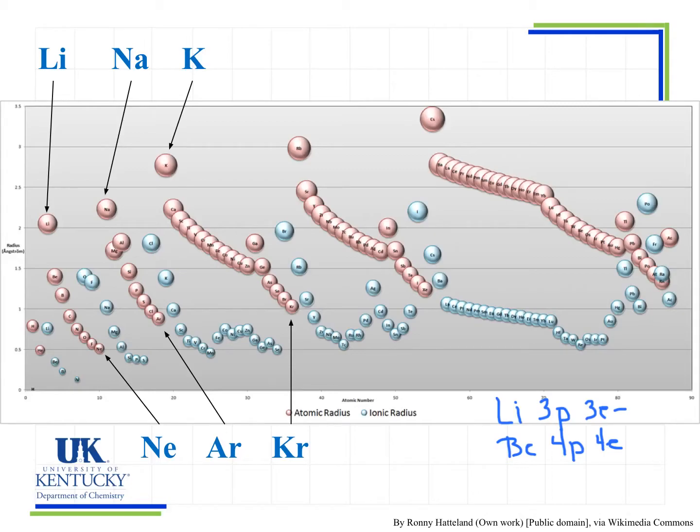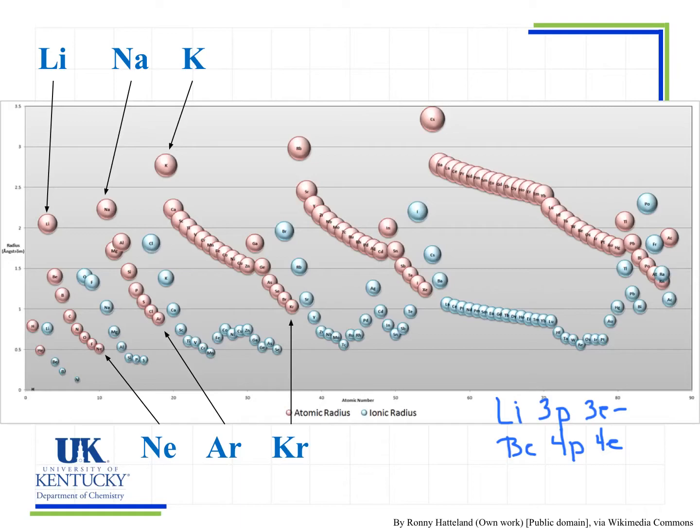And we don't see any increase in the shielding, because that electron is being added to the same energy level. We're not adding electrons between the nucleus and that outermost electron. We're just adding another electron to that same energy level. And as a result, the attractive force increases as we go from lithium to beryllium on over to boron, carbon, nitrogen, and so on.